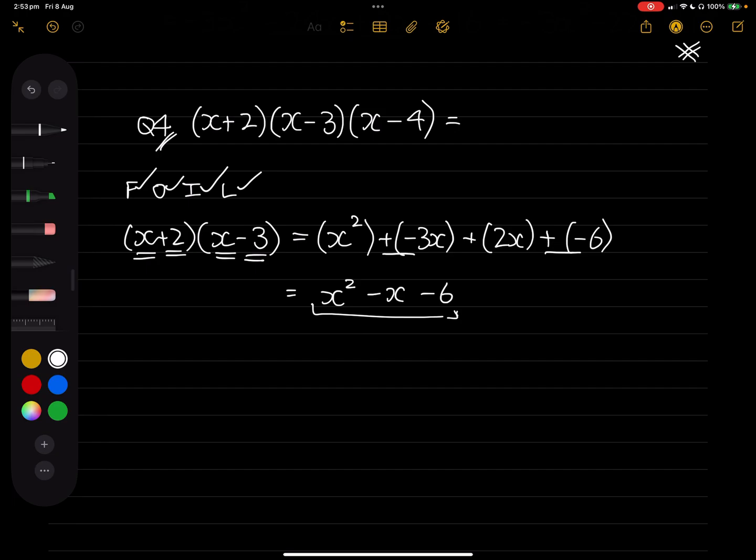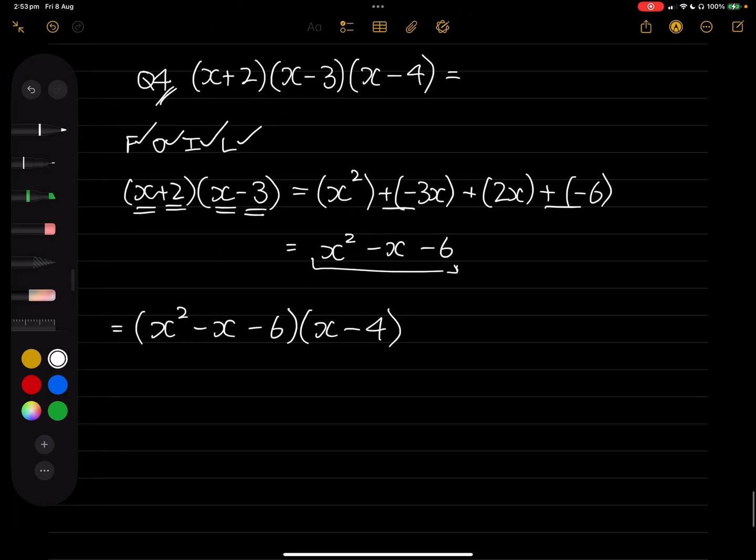So now that we've done this, our question becomes bracket x squared minus x minus 6 times x minus 4. Now for this kind of question, we can use a really long version of the FOIL formula, or we can simply expand it another way.